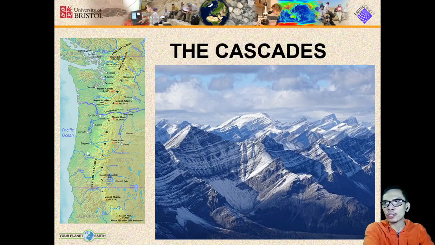A typical volcano that you will see here is Mount St. Helens, the one that you have right here. A very famous volcano. So Mount St. Helens and other volcanoes that you have right here are forming together with the mountain ranges over here. So that's the Cascades, located along the Pacific Ocean in the western part of the United States.